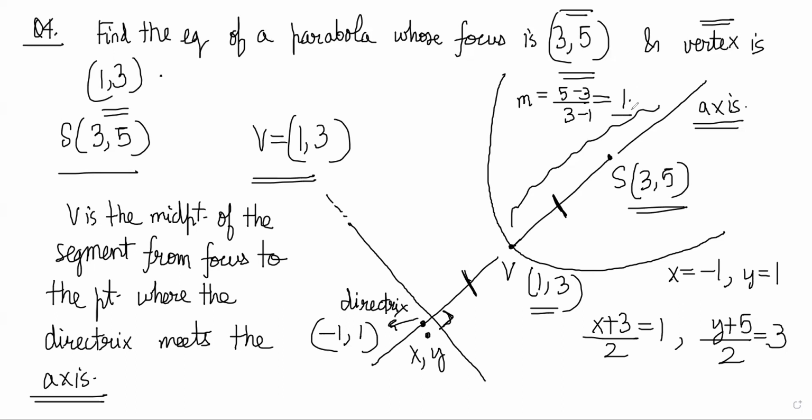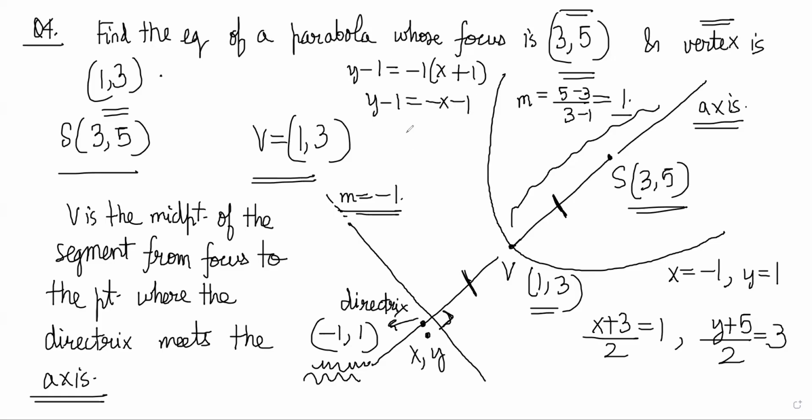So if slope of the axis is 1, slope of the directrix is -1. And now I can find equation of the directrix, because I know one point on the directrix is -1, 1. So the equation is y minus 1 is equal to -1 times x minus -1. So this becomes y minus 1 is minus x minus 1. So y plus x equals 0. So y plus x equals 0 is my directrix, and we already know the focus.